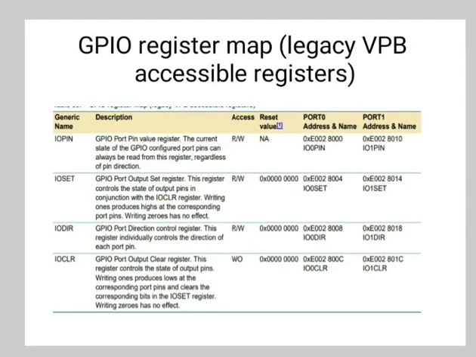First is IOPIN, the GPIO port pin value register, the current state of the GPIO configured port pins, which can always be read from this register regardless of the pin function. Pin direction. Access is read or write. Reset value is not available. Port 0 address and port 1 address are given.